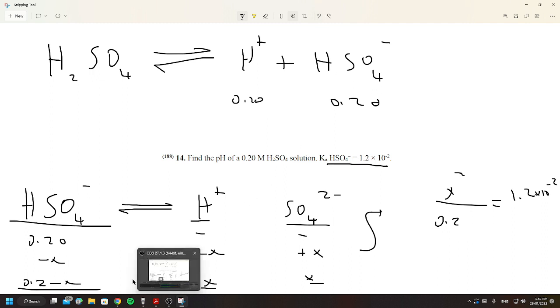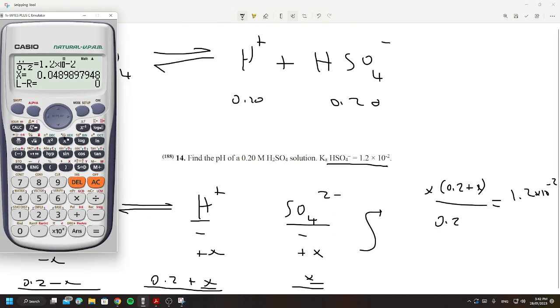So in fact, this is going to be 0.2 plus x. So the Ka expression is just going to be 0.2 plus x times x. So x times 0.2 plus x.